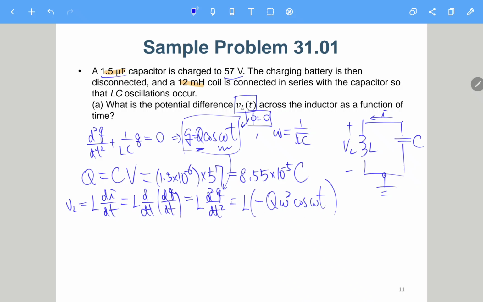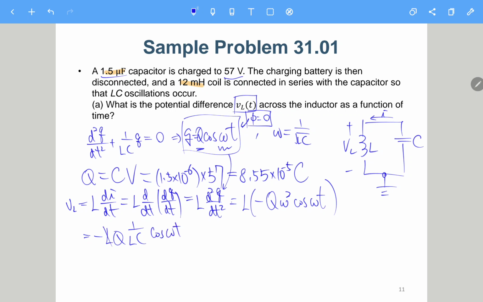So we can just plug in all the values, or we can try to simplify it. We have negative L, Q, and then omega squared should be 1 over LC. Omega is 1 over the square root of LC, so omega squared is 1 over LC, cosine of omega t.